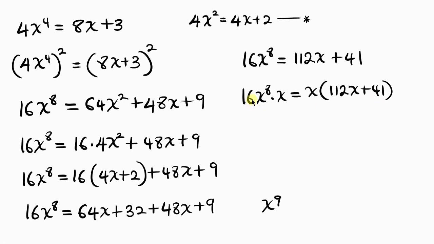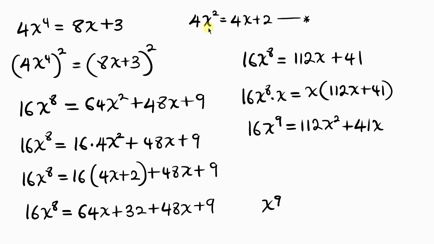Now 16x to the 8th times x gives 16x to the 9 equal to, now let's open up this bracket. x times 112x gives 112x squared plus x times 41 is 41x. Now remember, this is very useful to us in our solving.